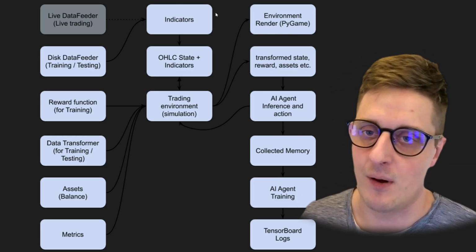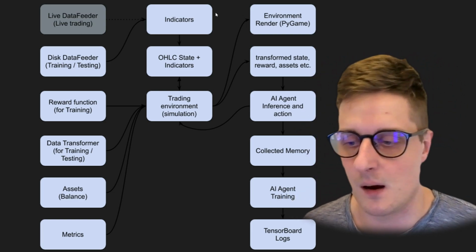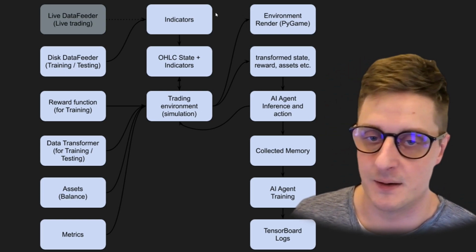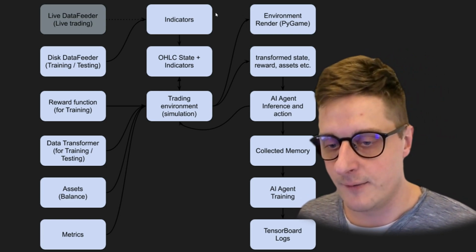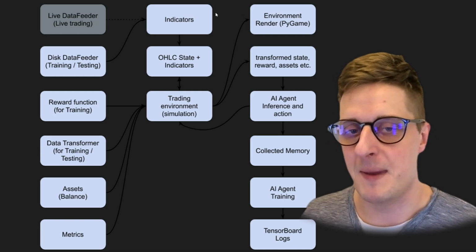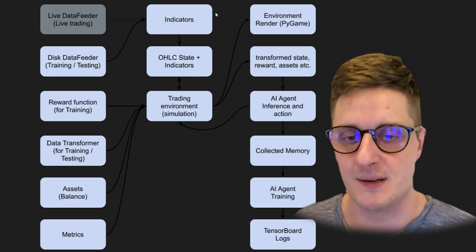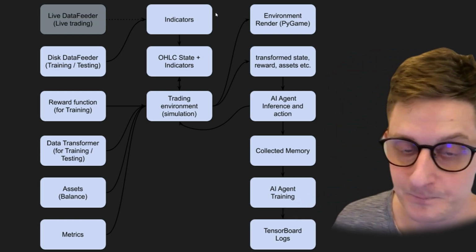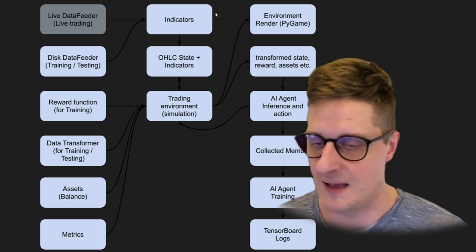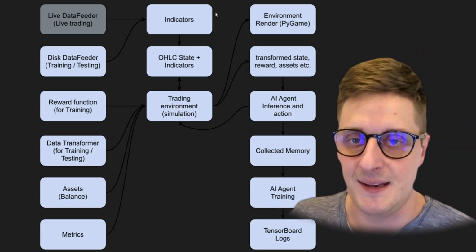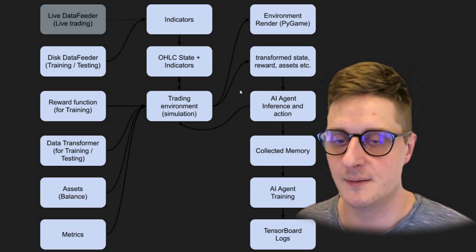It's still necessary to have a live data feeder, and there are some things I still want to do, such as better risk trading, better optimizing of the environment, continuous learning, reinforcement learning, etc. There is a lot I still need to do, but that's exactly what's included right now in my FinRock environment. It has metrics, indicators, rendering, logs, and a lot of stuff that we need when trying to do finance and trading.